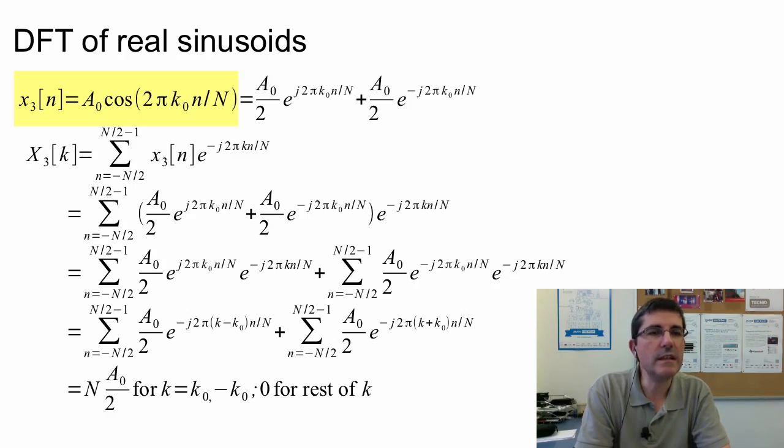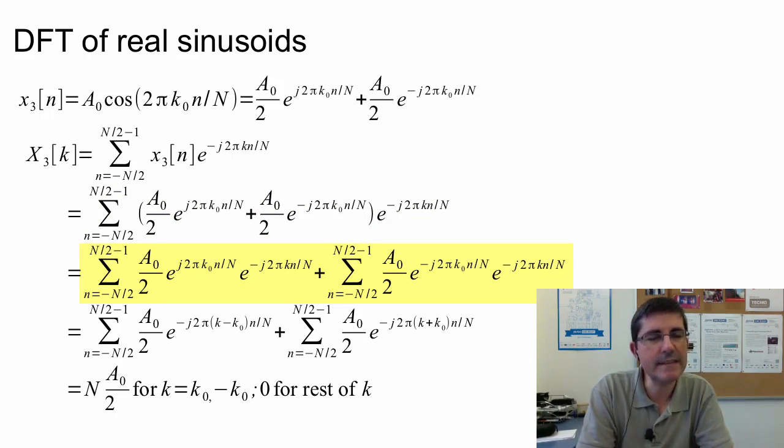By using Euler's identity that we talked about, we can express this cosine as the sum of two complex sinusoids. And if we plug this real sinusoid in the DFT, expressed as the sum of the two complex sinusoids, we can do the same operation that we did in the previous case.